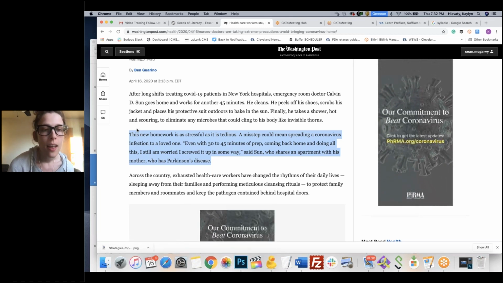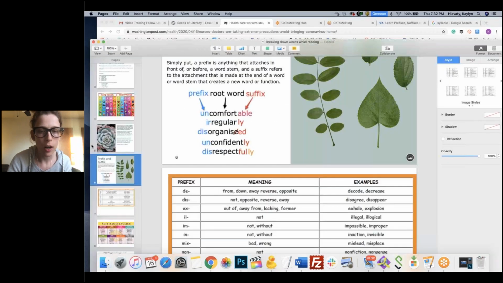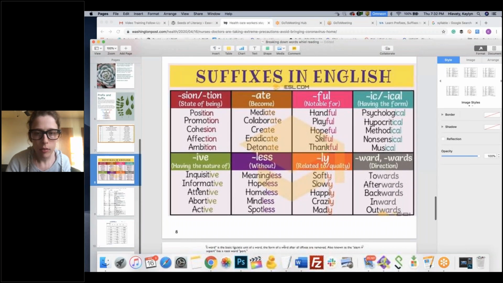So to begin, this new homework is as stressful as it is tedious. One thing that sticks out to me is the word stressful. Okay, stressful. So that becomes a state of being. That's I am stressful. So we're going to go back to our map here to the FUL. Right here, where I'm circling it, that becomes a suffix.